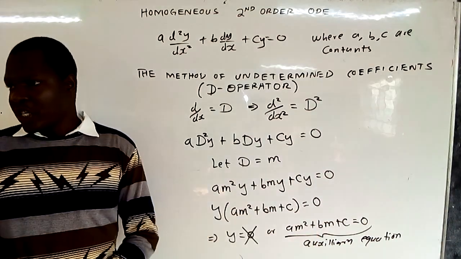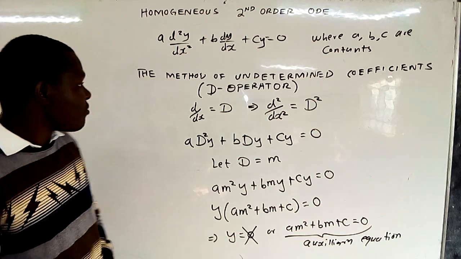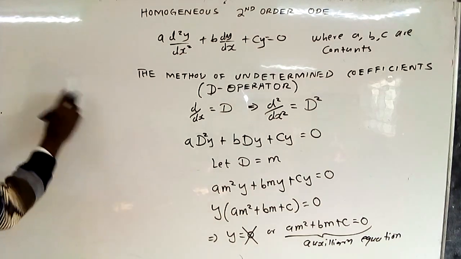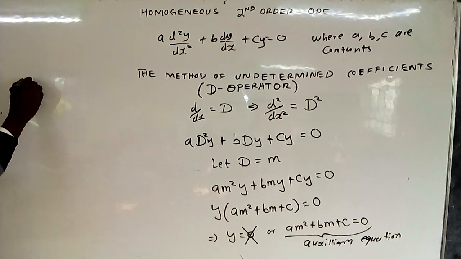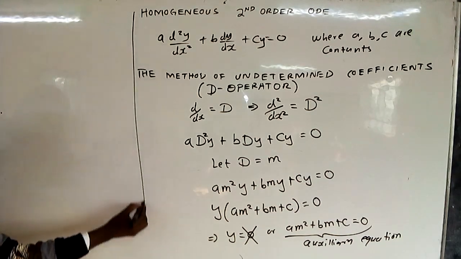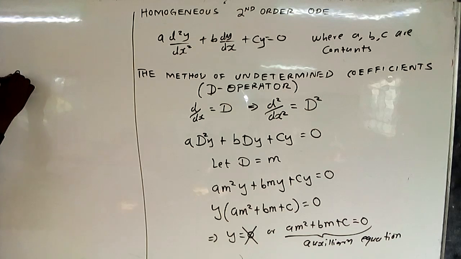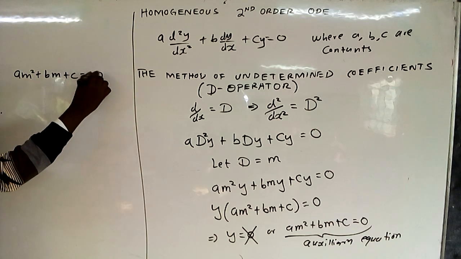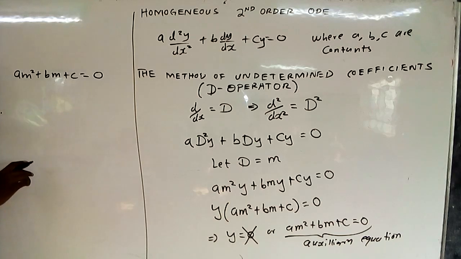So we have found that the auxiliary equation is a m squared plus b m plus c is equal to 0.